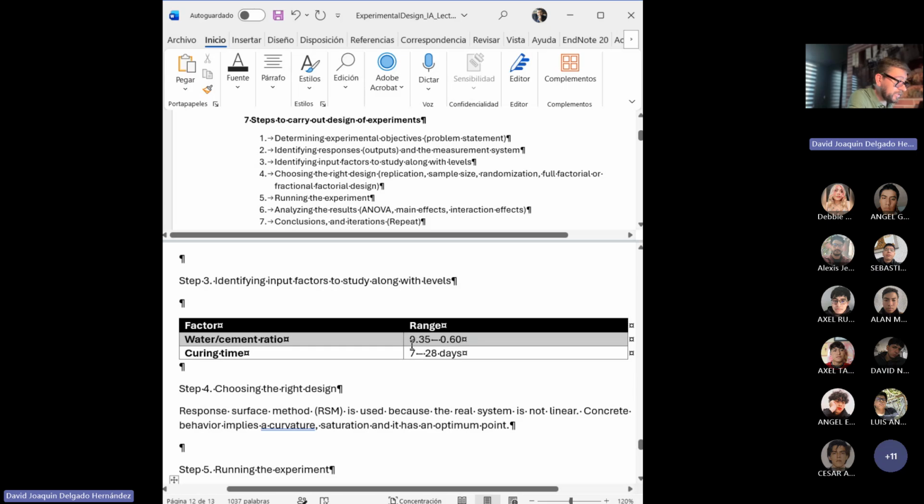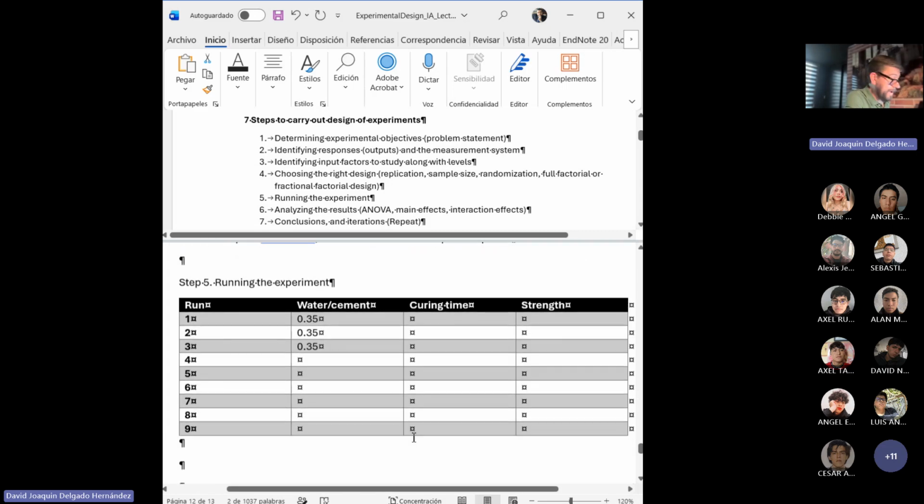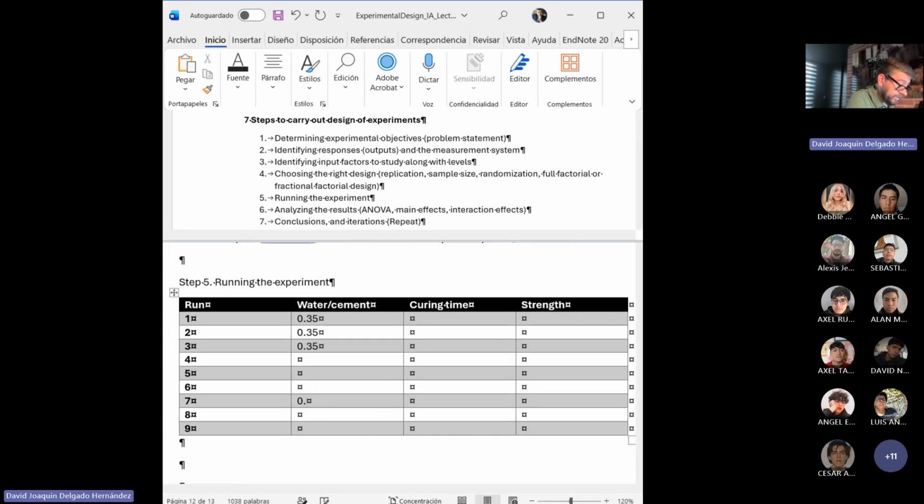You can see here 0.35. Then I am going to use 0.60, which is the other limit. And here in the middle, I can use a value between 0.35 and 0.60.